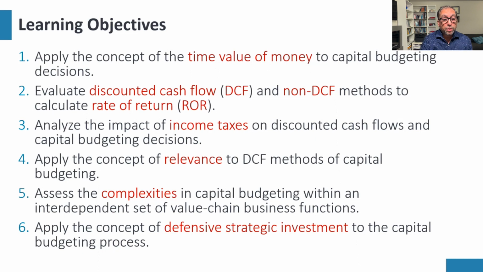Apply the concept of relevance to the discounted cash flow method of capital budgeting. Assess the complexities in capital budgeting within an interdependent set of value chain business functions. Apply the concept of defensive strategic investment to the capital budgeting process.